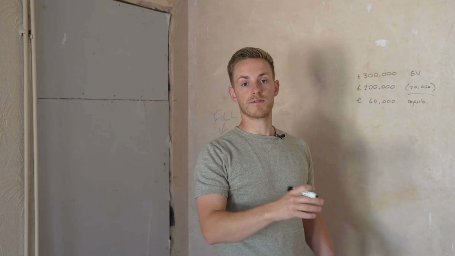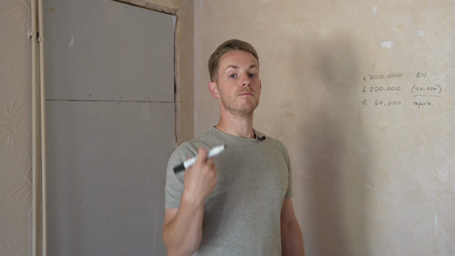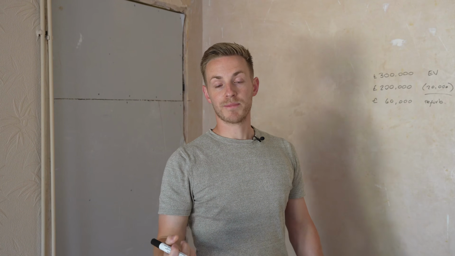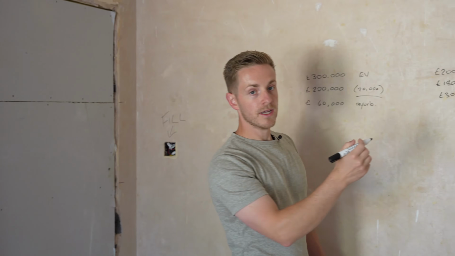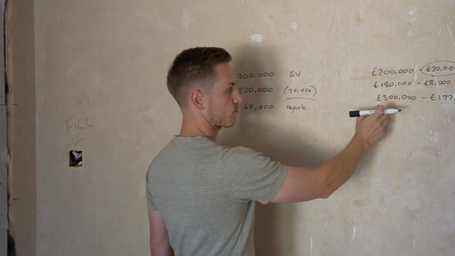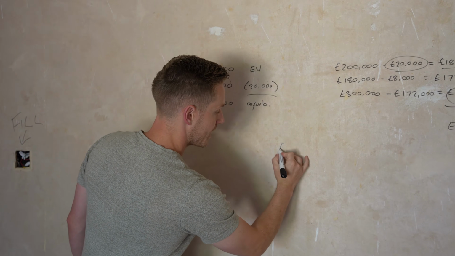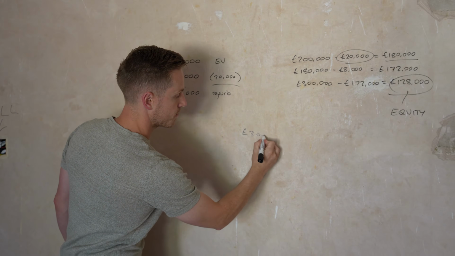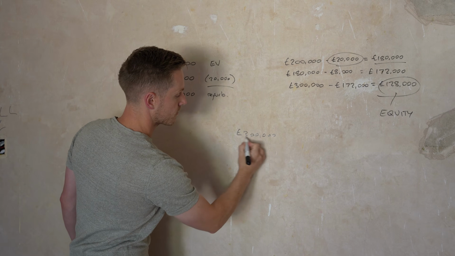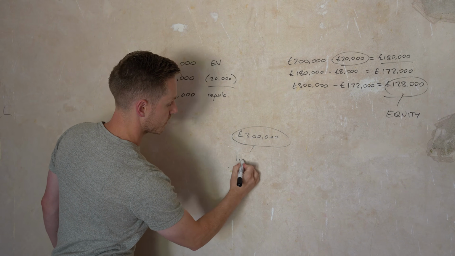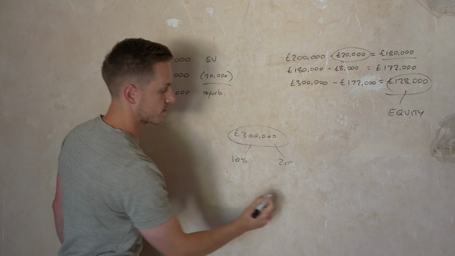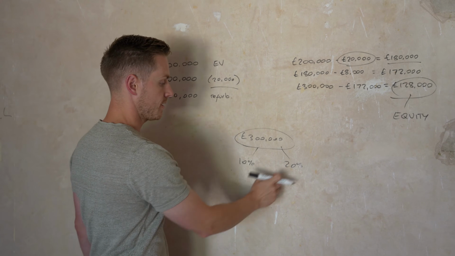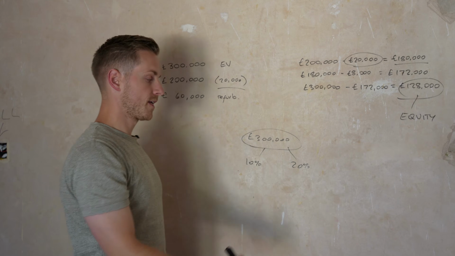But if we start with the fact that you might look to remortgage the property, pull money out, but actually stay there. So if we actually looked to remortgage now at 300,000 and took ourselves back to either a 10% or 20% deposit, we're going to leave this money in, and then anything additional we're going to take out.